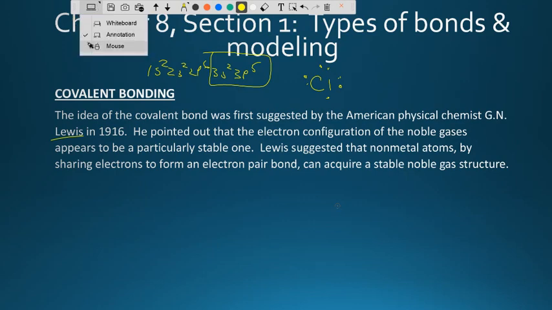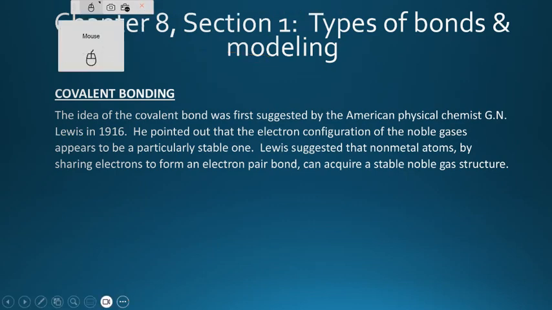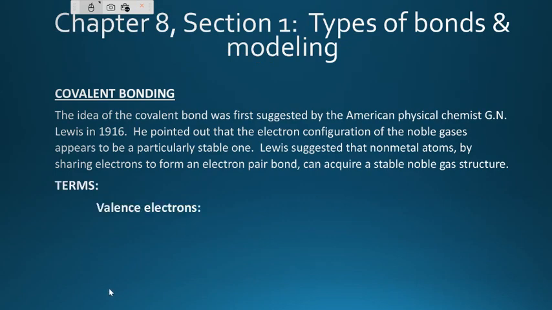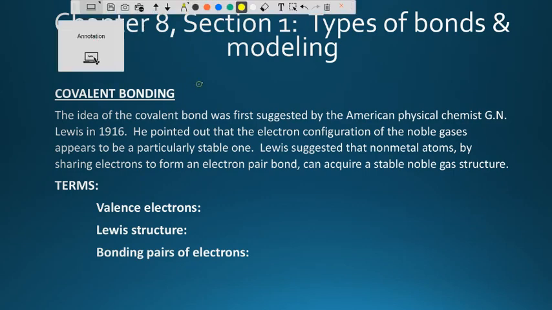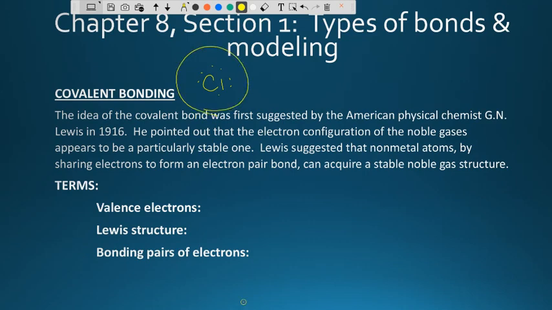So the rest of this is just getting used to and envisioning how these bonds are going to be formed. At this point, we're seeing some terms. Those electrons, again, if I go back to what I wrote out with chlorine, the s's and p's of the highest energy level, those would all be valence electrons. Valence electrons are electrons of the outermost energy level, the principal energy level. The Lewis structure then would be that model. This is the Lewis structure for chlorine.